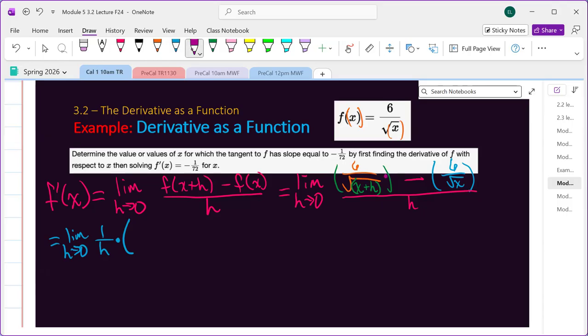So this 6 over the square root of x plus h needs to get multiplied by square root of x over square root of x. This 6 over the square root of x needs to get multiplied by the square root of x plus h over the square root of x plus h. So the bottom of that fraction is now square root of x times square root of x plus h.